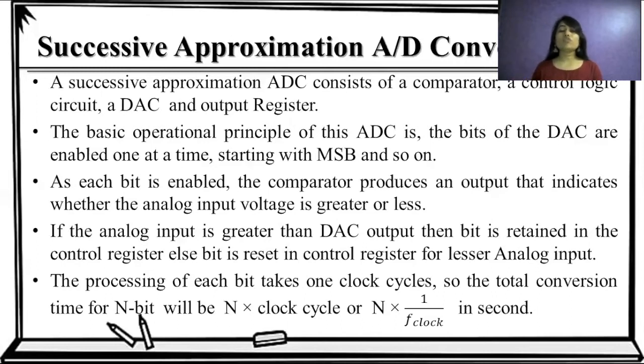So if we have a clock frequency, we can calculate the total conversion time for this successive approximation analog to digital converter. Now, how can this converter be implemented?